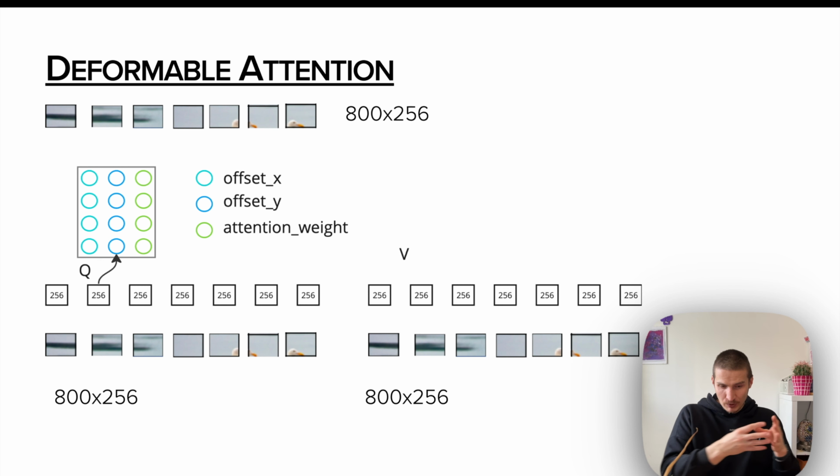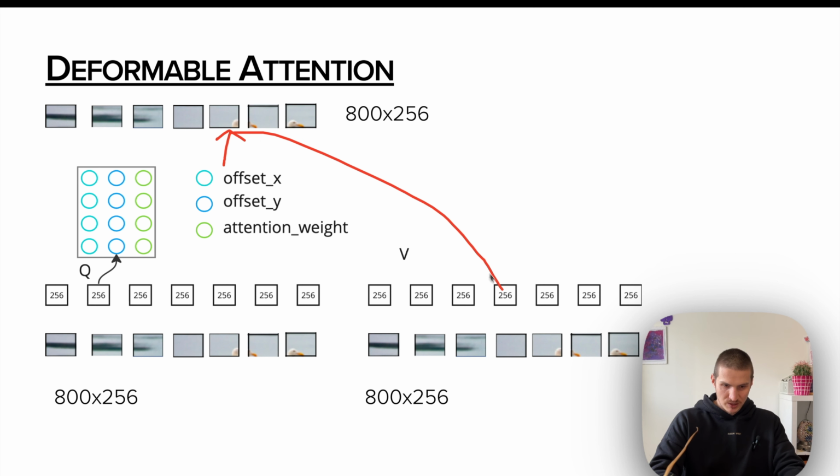So we have this query sequence, we project that down to our offsets and attention weights, and then we do the same thing we did in normal attention. For example, to compute this output element of the sequence, we look at some reference point where it was. Then we have our 4 computed offsets.